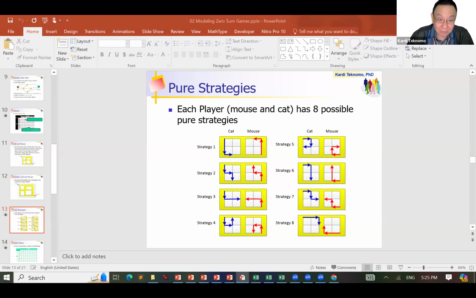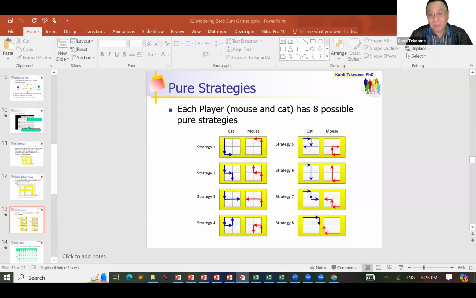These are the strategies for the cat. You see there are 3 turns: 1, 2, 3, and either this one or that one. So these are all the possible movements for the cat, and on the right-hand side, all the possible movements for the mouse.